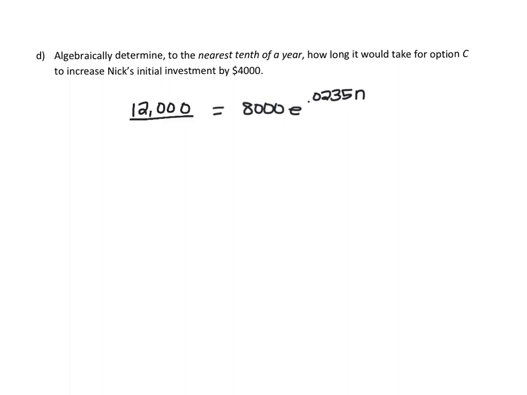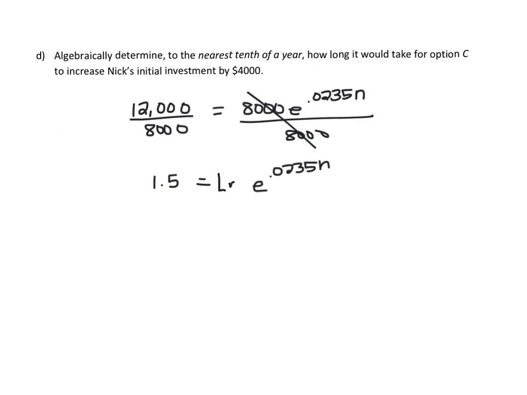So let's first divide both sides of the equation by the number that's in front of the e. All right, so 12,000 divided by 8,000, or 12 divided by 8, is just 1.5. And then what we're going to do is we're going to cancel off the 8,000s, and we're going to bring down the e to the 0.0235n power. All right, so now that we have the e by itself, we're going to put ln in front of it to get rid of it.